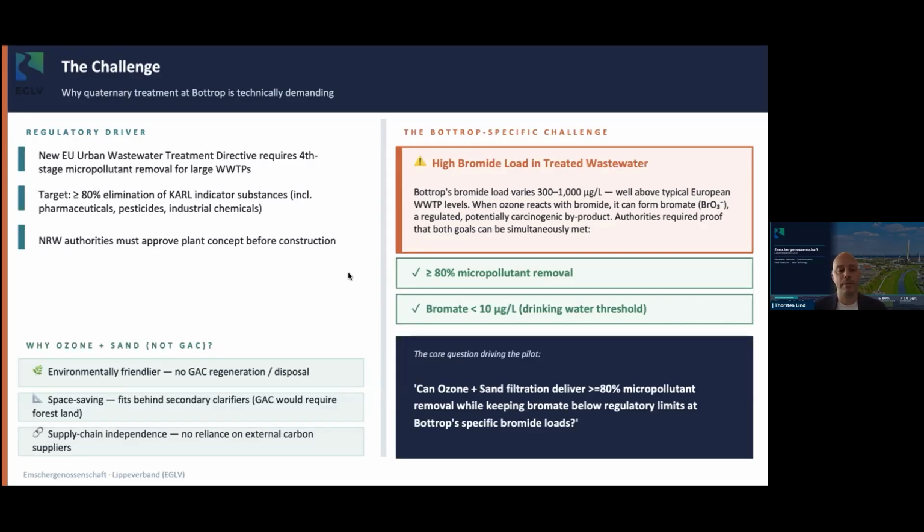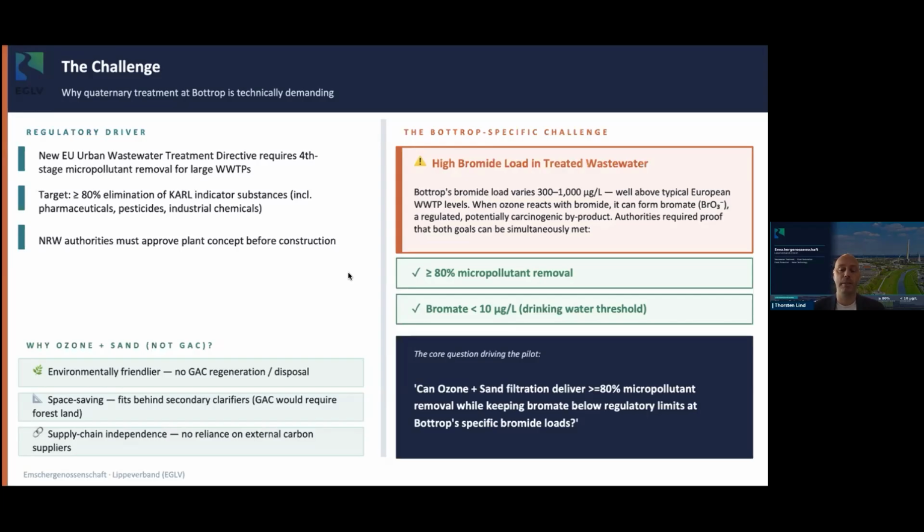There are other methods where it's more well known that this problem does not occur, or you get rid of the problem with the bromate formation. Nonetheless, we really would like to do the ozone sand version.